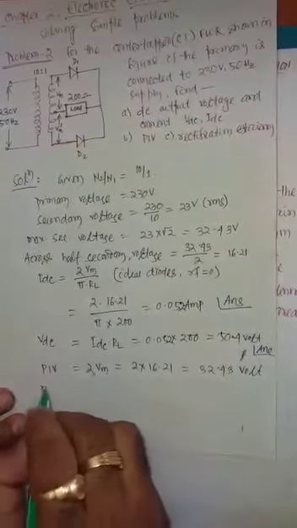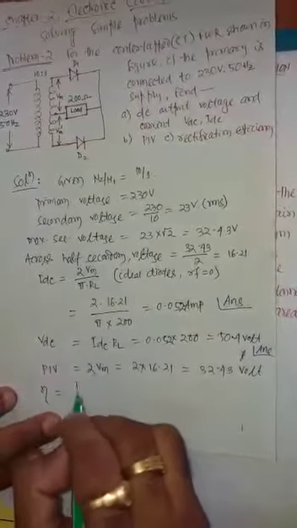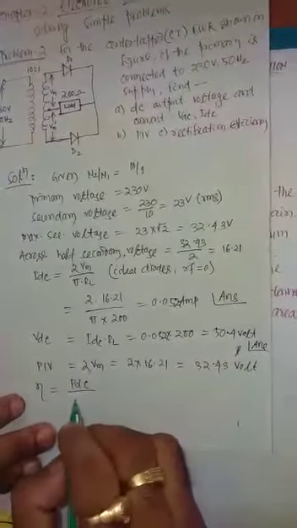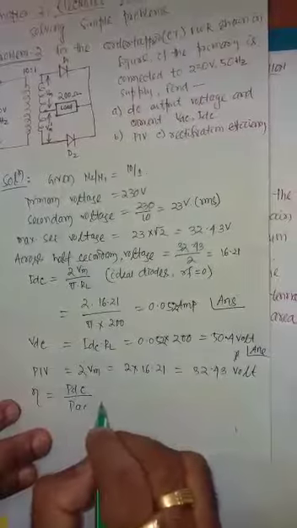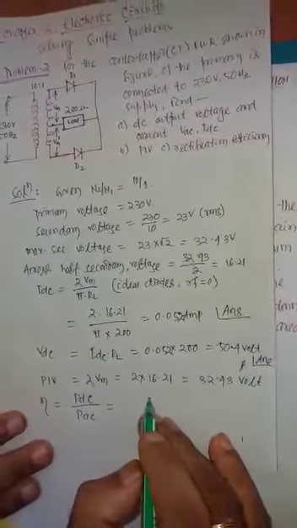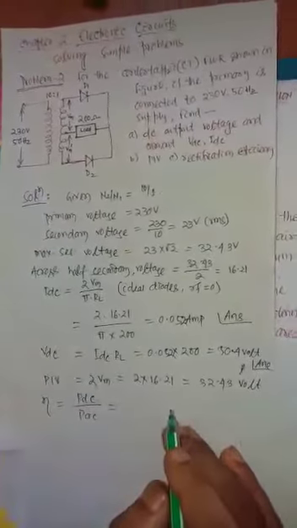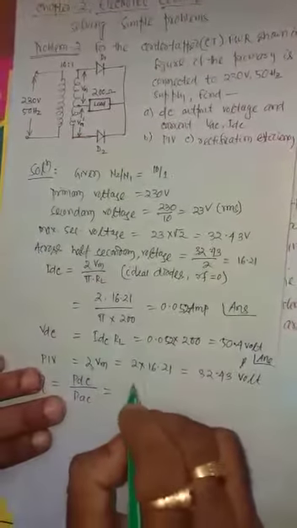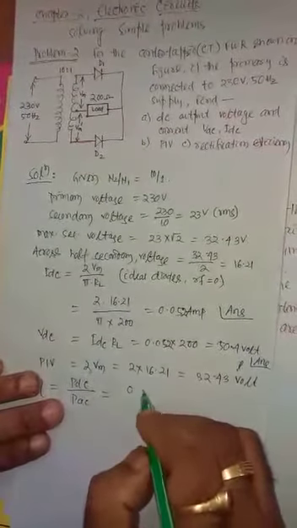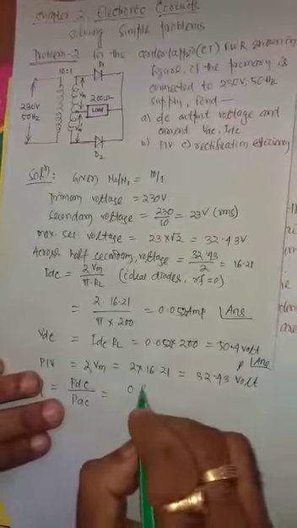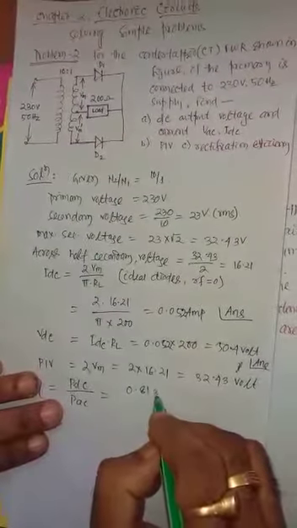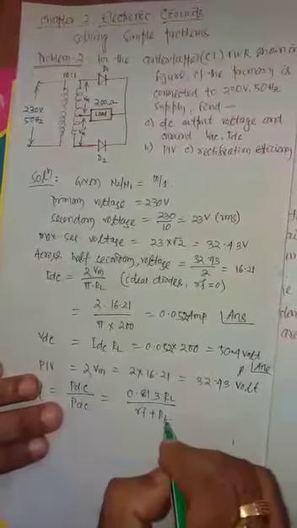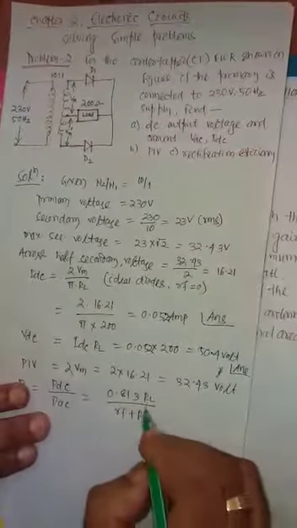Finally, we will calculate the rectification efficiency. Rectification efficiency is the output DC power divided by the input AC power, so PDC divided by PAC. This can also be given as 0.813 into RL divided by RF plus RL, assuming RF to be 0.